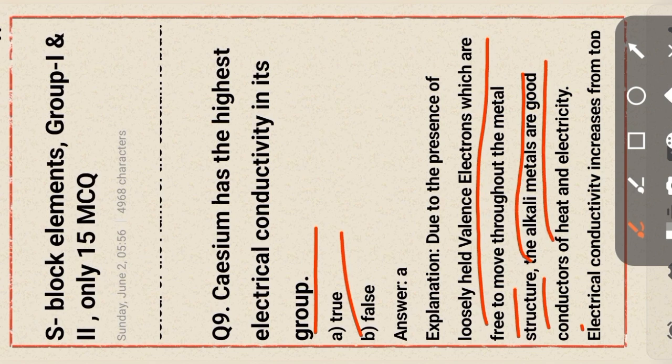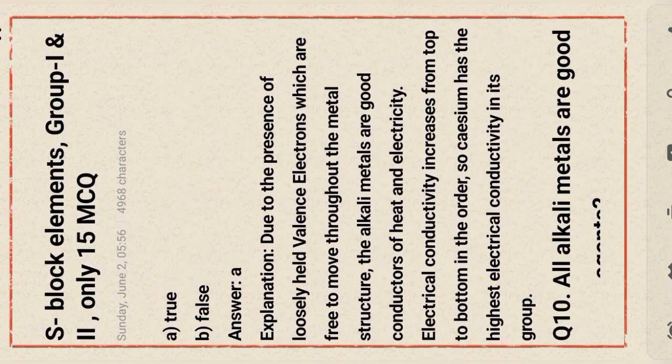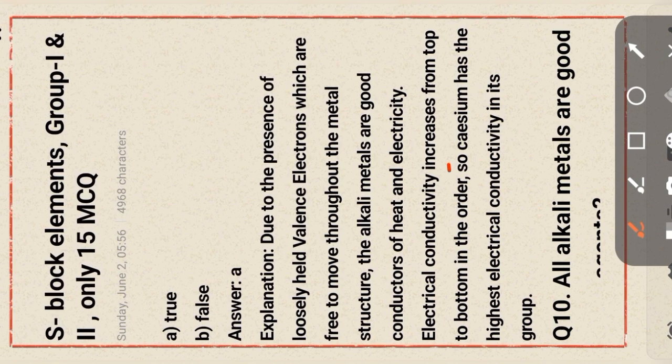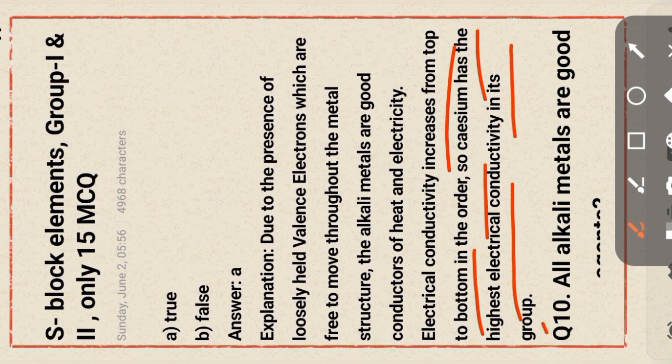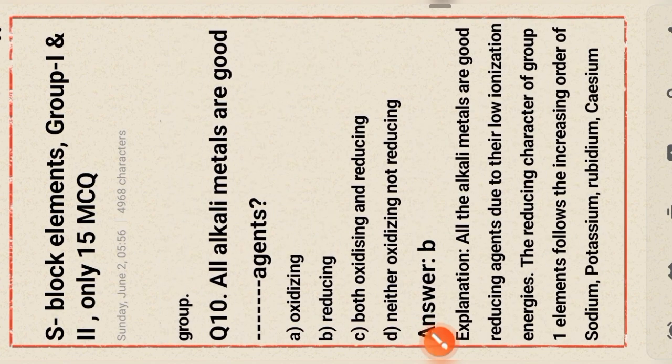Alkali metals are good conductors of heat and electricity. Electrical conductivity increases from top to bottom in the group. So, cesium has the highest electrical conductivity in its group. Clear, my dear viewers?